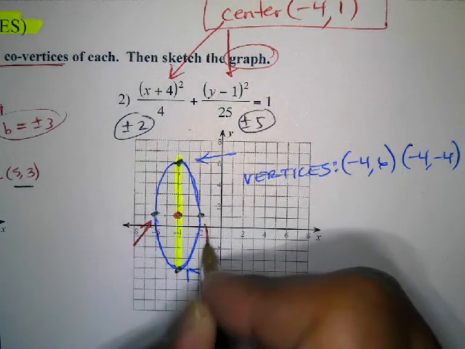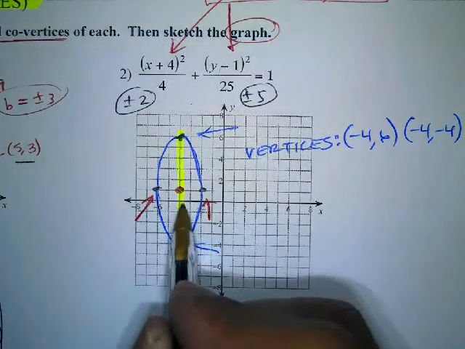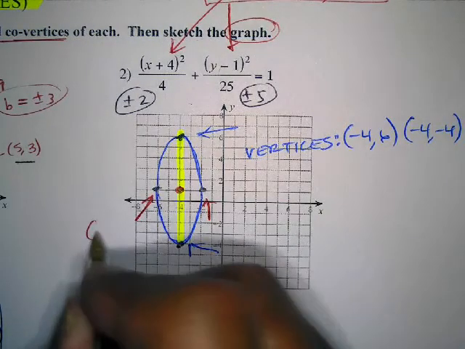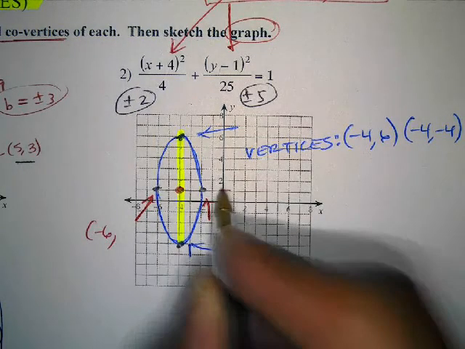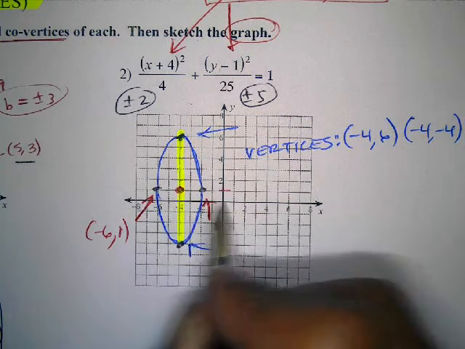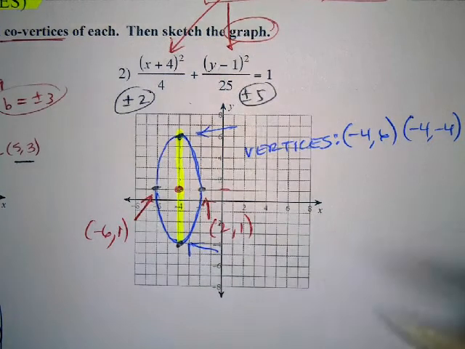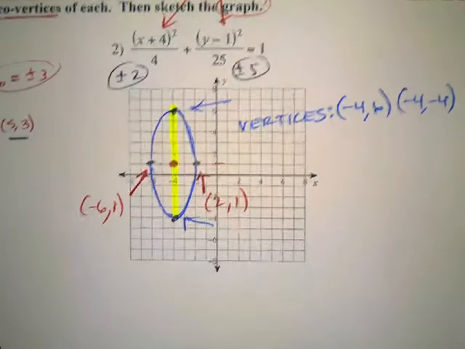And the other ones that are on the minor axis are your co-vertices. So just give me the coordinates for that. And that is what? -6, 1 and +2, 1.